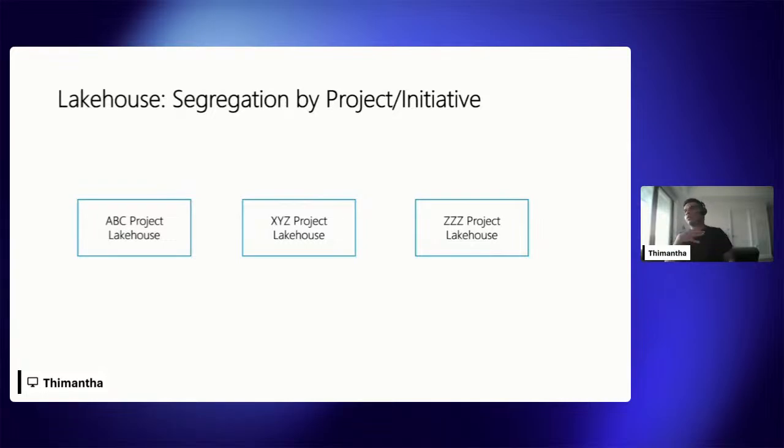So there are many other ways. You can also, as I mentioned, segregate the lakehouses based on the medallion architecture. You can have a bronze lakehouse, a silver lakehouse, and a gold lakehouse. So that is another option as well. Similarly, you have multiple options to segregate the lakehouses.